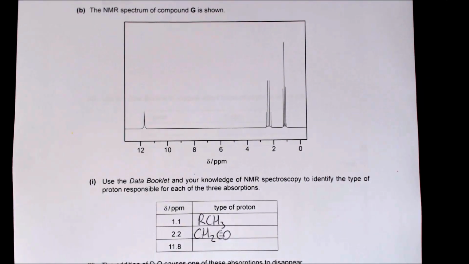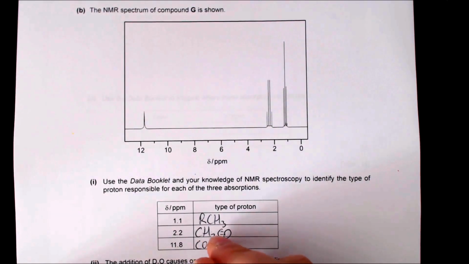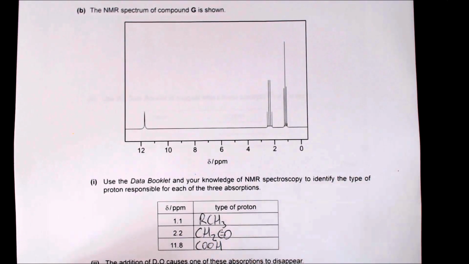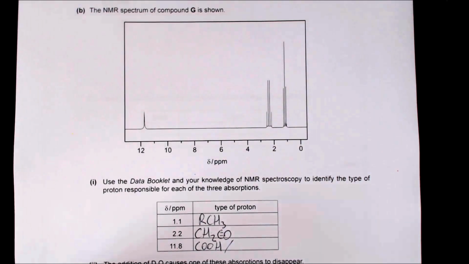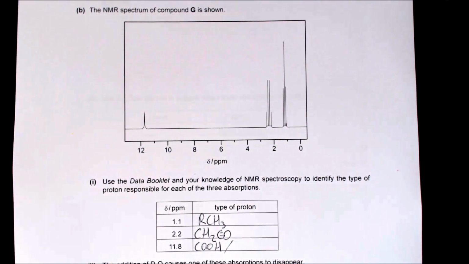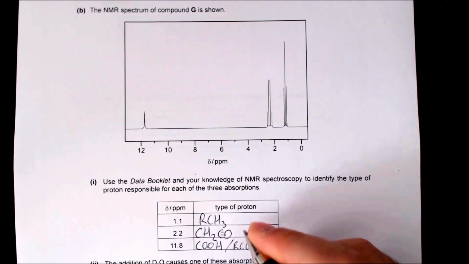So let's just pull that back. Again, we don't know at this stage what it could be. So I'm just going to put COOH, or we could have the amide group, which is RCONH.